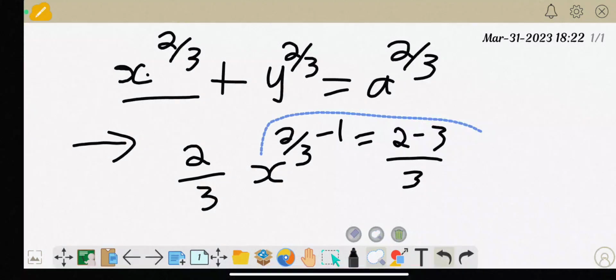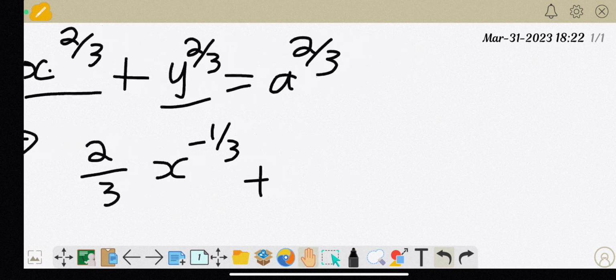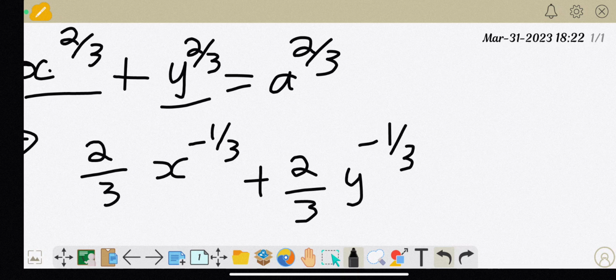So here I can write 2 by 3 x to the power minus 1 by 3, plus the differentiation of y to the power 2 by 3. It is again the same, 2 by 3 y to the power minus 1 by 3, but here there is a y term, that's why dy by dx.